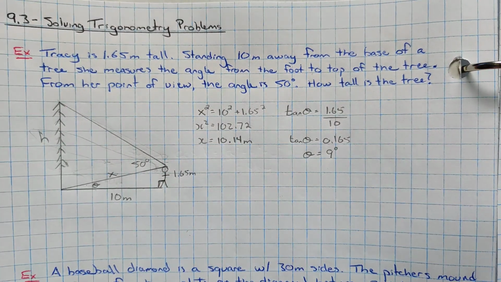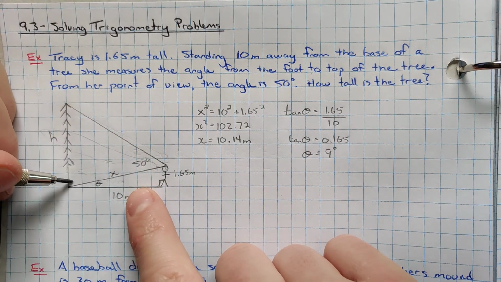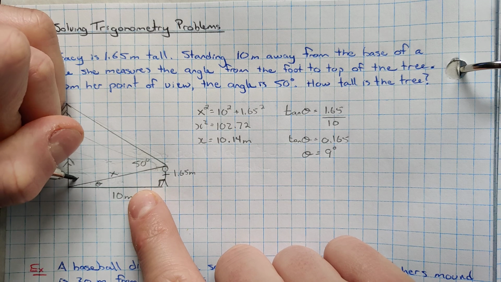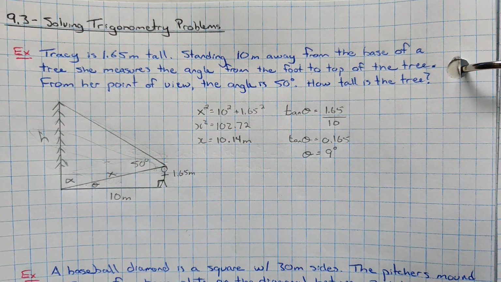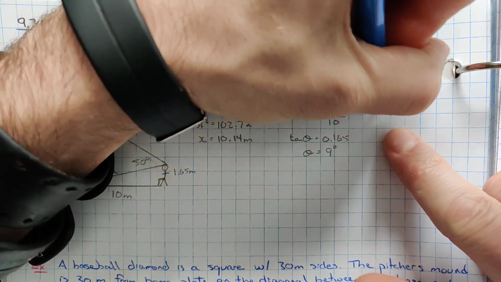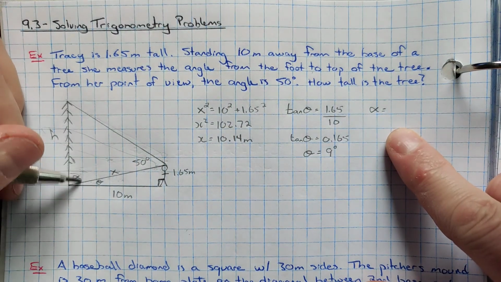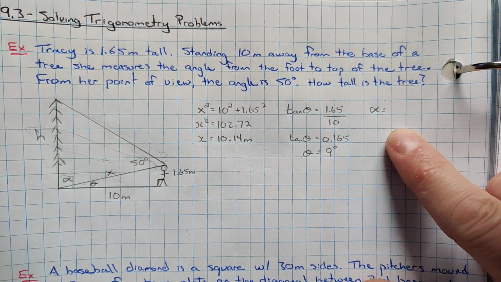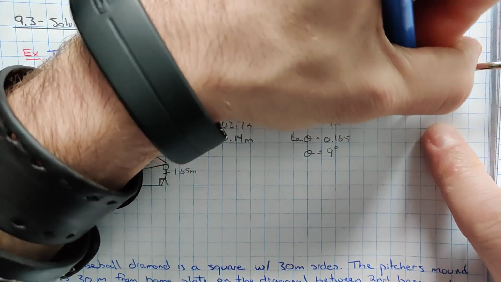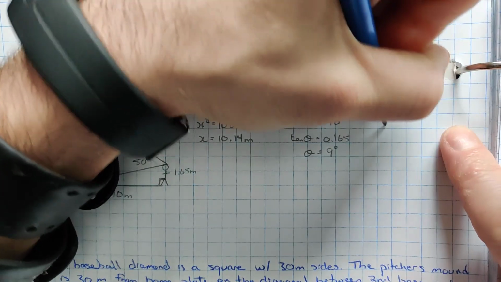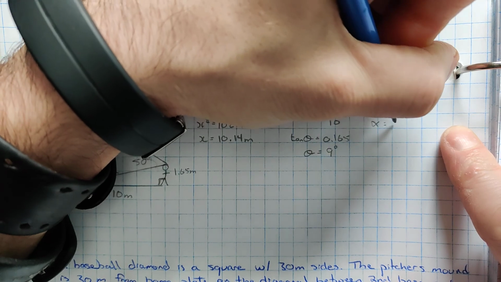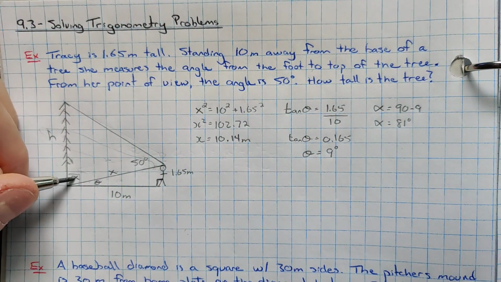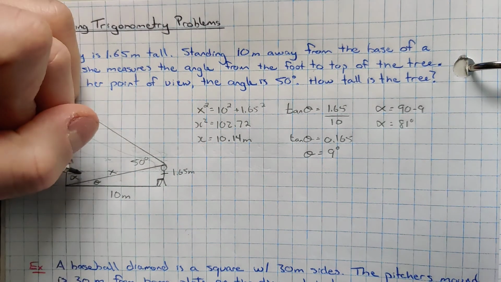Now, how does that help us? Well, it gives us this angle in here. We'll call this angle alpha, because alpha is 90 degrees right here minus theta. So 90 minus 9, angle alpha is 81 degrees.